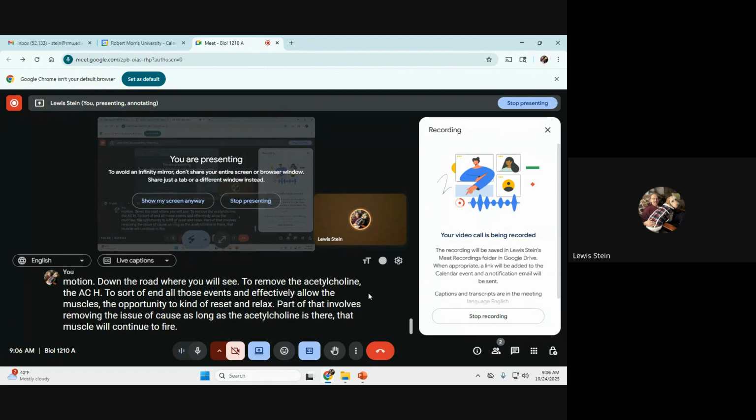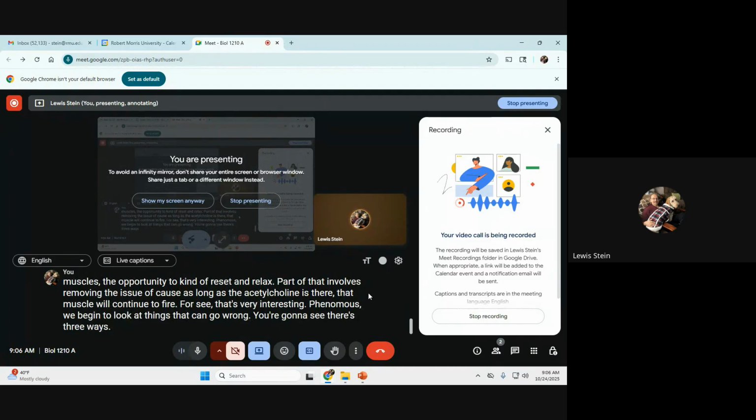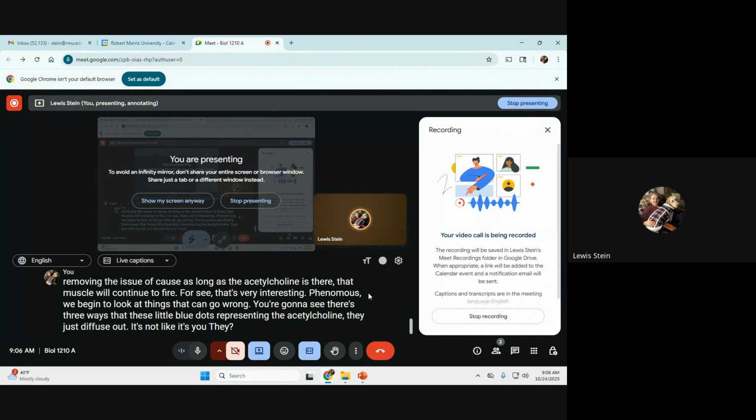We'll see that's a very interesting phenomenon as we begin to look at things that can go wrong. You're going to see there's 3 ways that these little blue dots representing the acetylcholine can be removed. They can just diffuse out. It's not like it's sealed. They can diffuse out of the area. They can be broken down or metabolized. We'll see that.